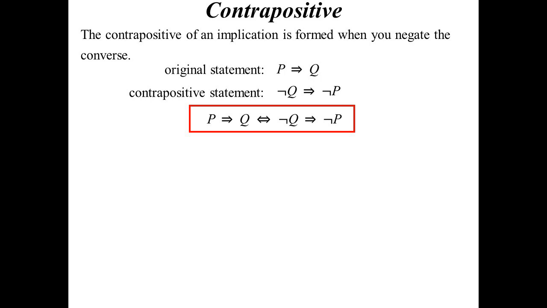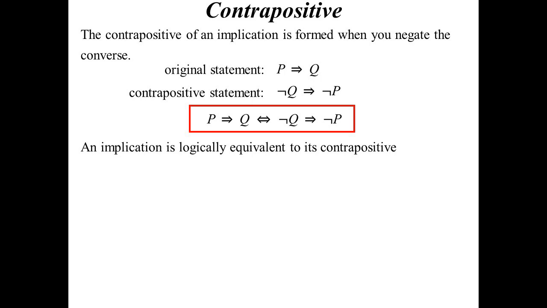And they are equivalent statements, and that's great because in proof, sometimes if you have to prove P implies Q, it actually is easier to prove not Q implies not P. And so you go and prove that, and then you can say, oh well, therefore it must be true by contraposition. So an implication is logically equivalent to its contrapositive.